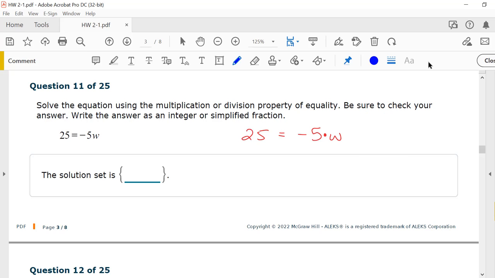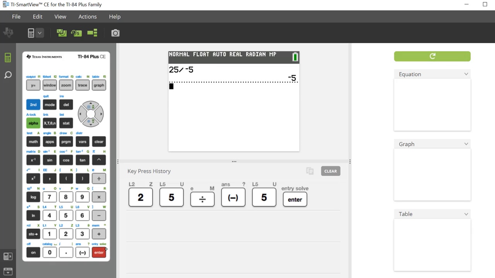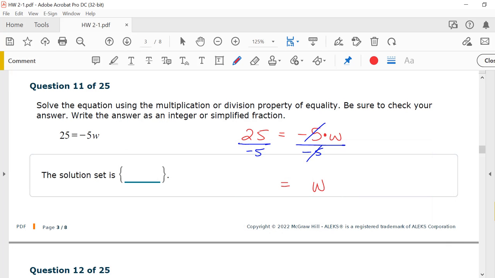So I need to divide both sides by negative 5. Negative 5 over negative 5 is 1. So on the right-hand side of the equal sign, I'm left with just w, or 1w. On the left, 25 divided by negative 5 is negative 5.